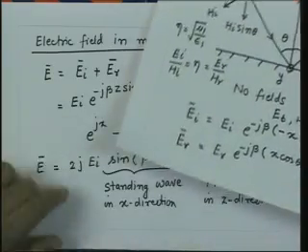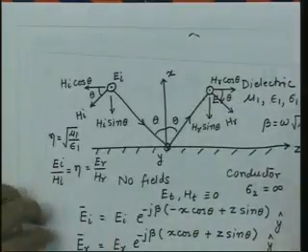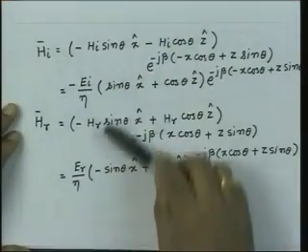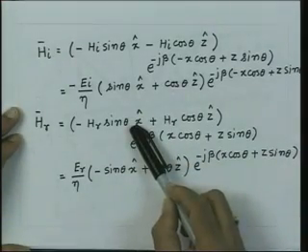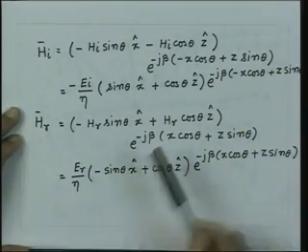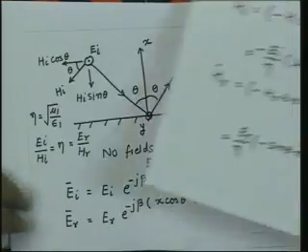Same thing we can do for the magnetic fields also. We can take the two magnetic fields and get the expression. When we combine these two, we can combine the x components, and we can combine the z components separately. So, we can finally get the expression for the magnetic fields also.